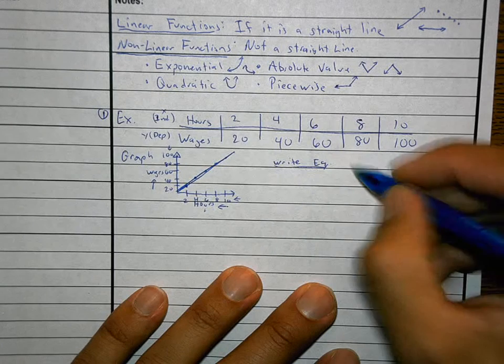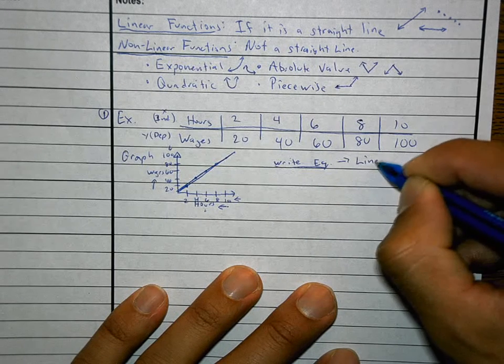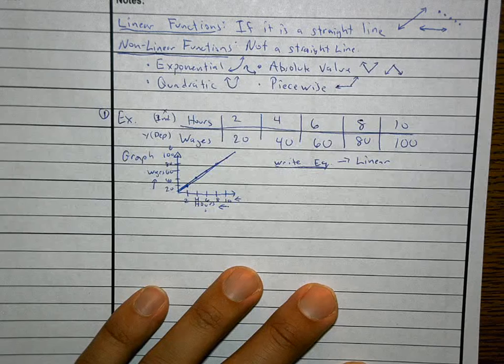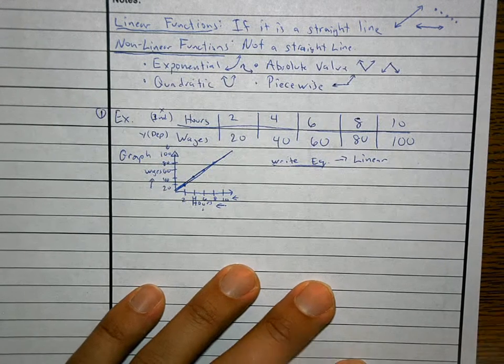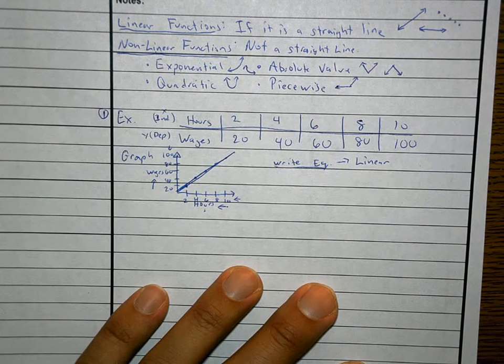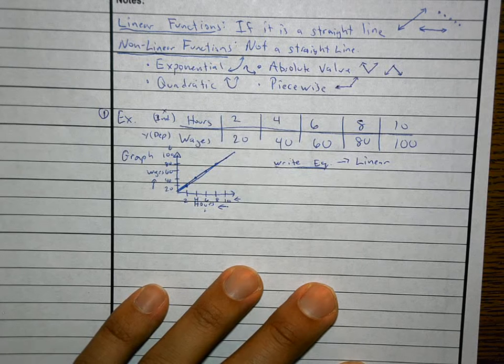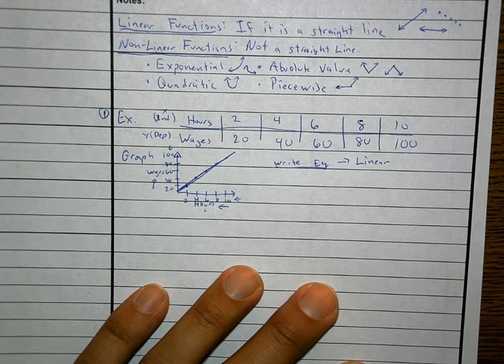If it is linear, you are going to follow the same idea as what we did in 2.2. Is this linear, first off? Good. We're going to write an equation for it. But I don't want you to use y and x.